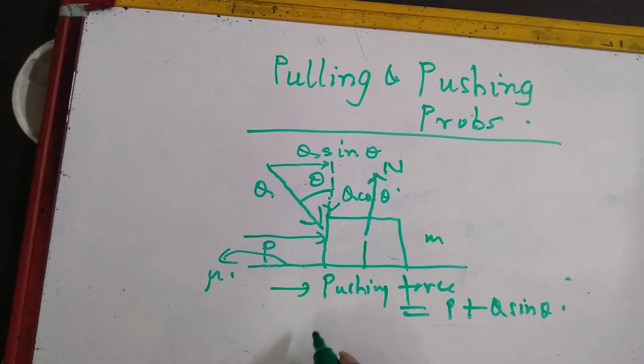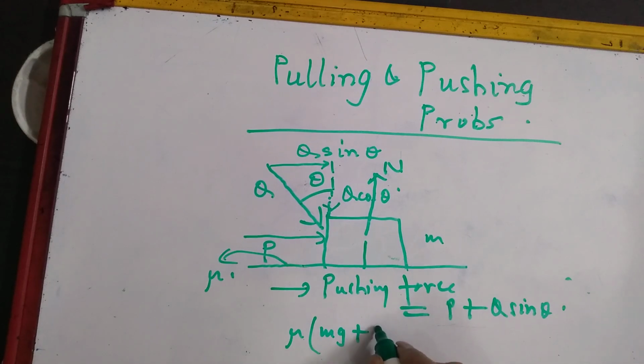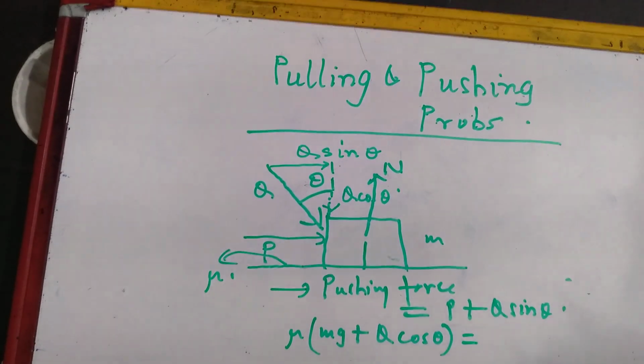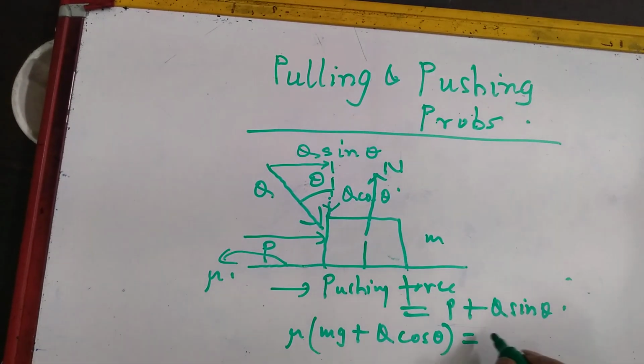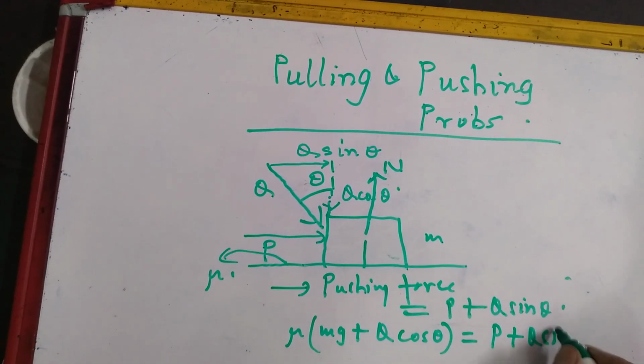And the limiting friction force cannot exceed this, which means mu times mg plus Q cos theta cannot exceed, it has to be less than or equal to P plus Q sin theta.